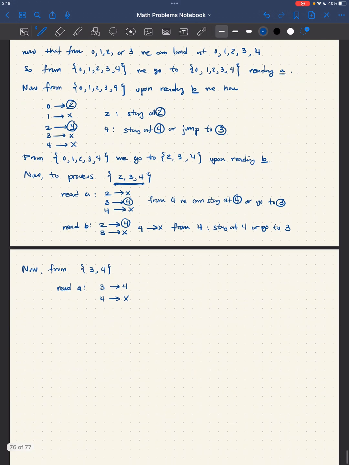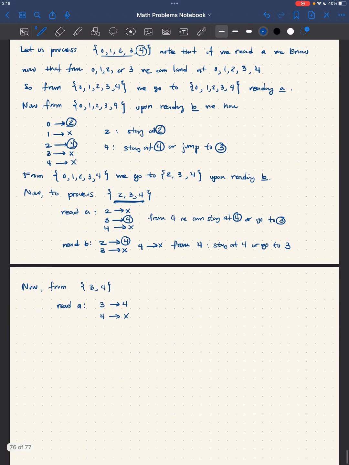Now, the second question, now that we are at 4, what can we do from that one? Well, let's see. Now that we are at 4, we can stay at 4 or go to 3.